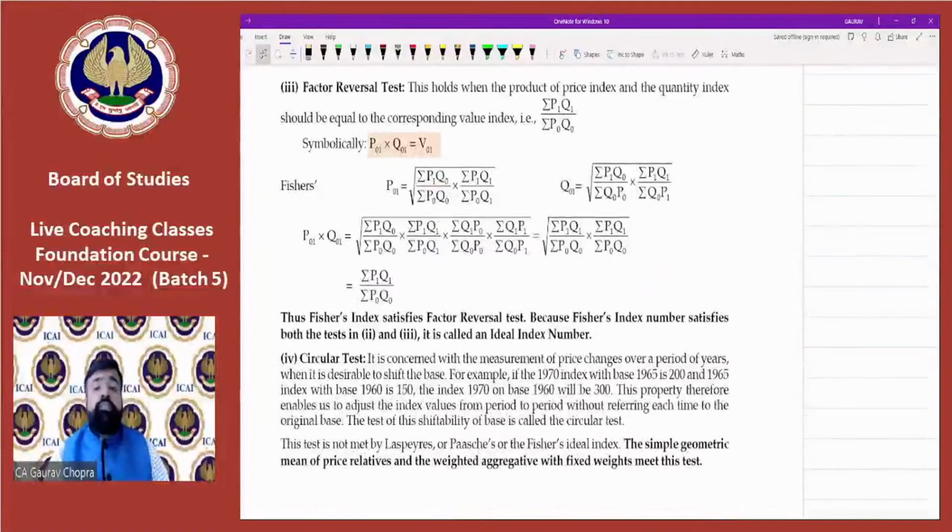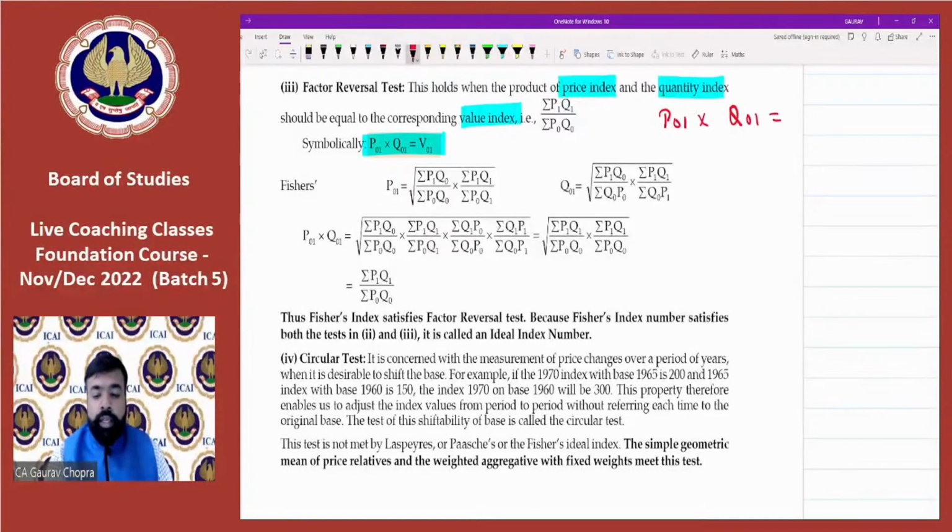Then third one is factor reversal test. In factor reversal test, the condition is that if we multiply the price index and quantity index, then we get the value index. This is the condition. So P01 multiplied by Q01 gives V01.